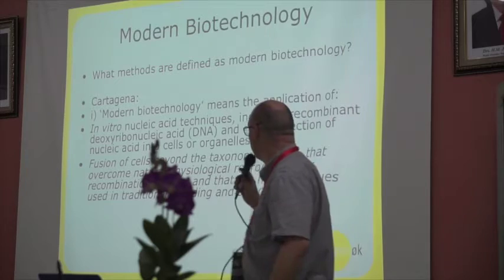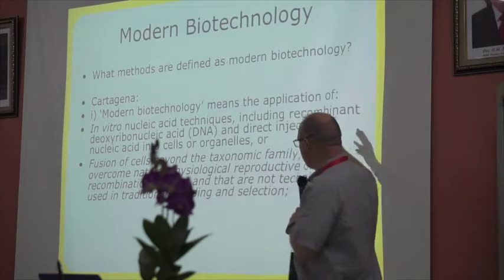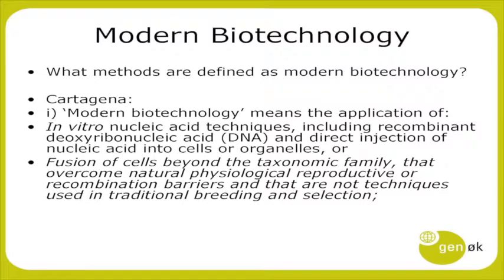So they have a definition of modern biotechnology. It means the application, very specific application, of DNA, RNA techniques, including recombinant DNA, and also direct injection into cells or organelles. So you have to have the DNA, RNA component, you have to inject it, or make the cells come together beyond the taxonomic family, meaning that can't happen in nature.